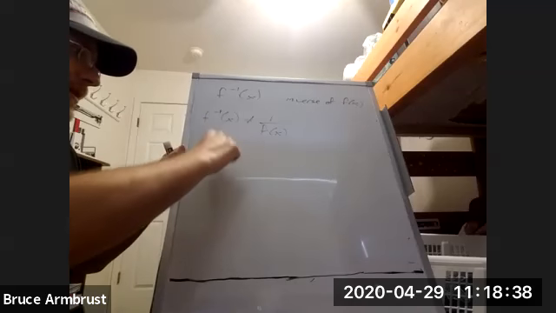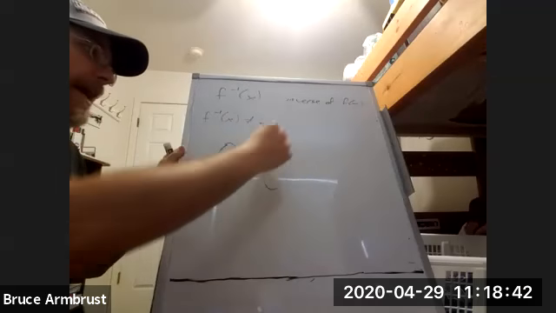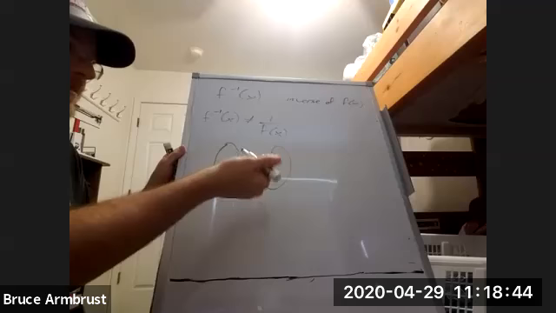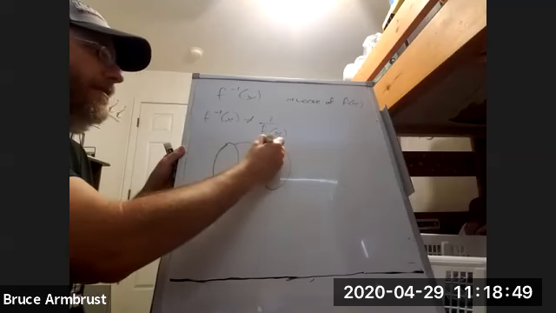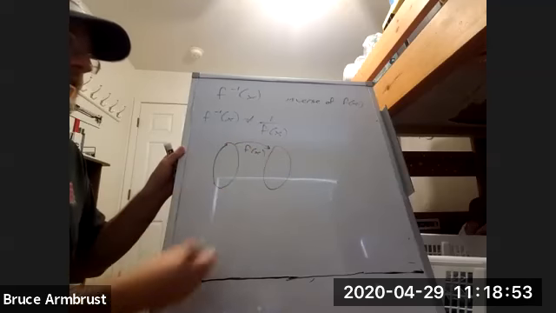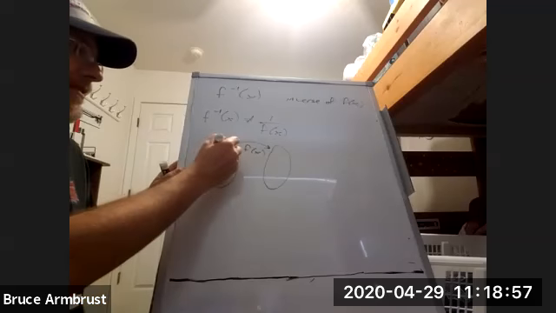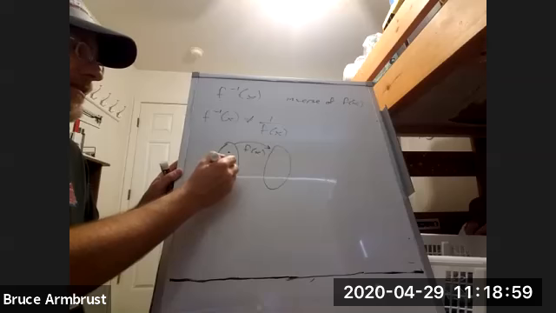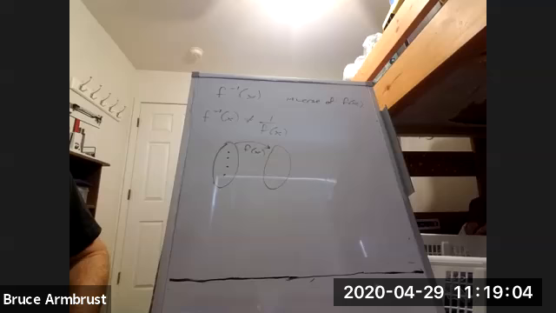Now, the way these work, I like to have pictures. I call this the island picture because these are like 2 islands in the ocean. Basically the way inverses work, f is a bridge that brings you from the island on the left to the island on the right. There are a bunch of different x's in here, and each one of them gets transported to the other island with this bridge.